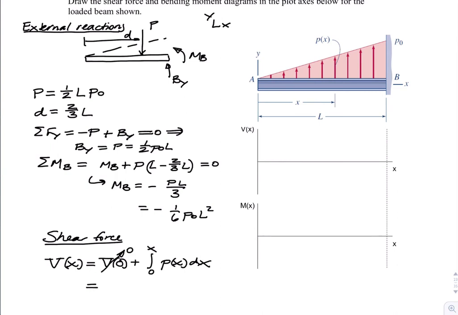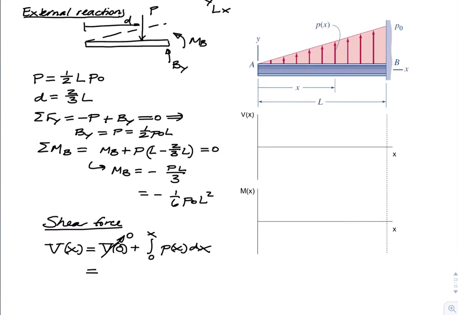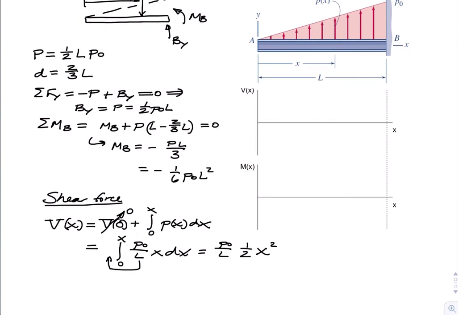When we drew the free body diagram of the original beam, we didn't show any force there because there's no external force which is acting. So this is going to be the integral from 0 to x of P of x. P of x is going to be P naught over L times x. And of course, this P naught over L is a constant, so that's going to be P naught over L times 1/2 x squared. The integral of x, of course, being 1/2 x squared.